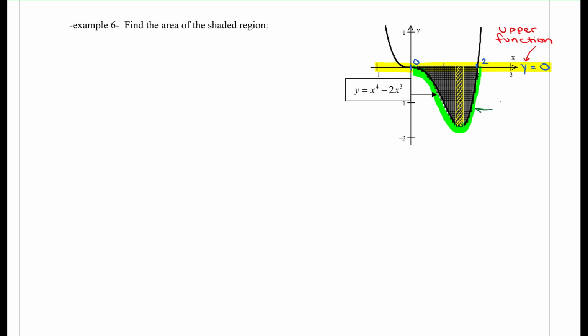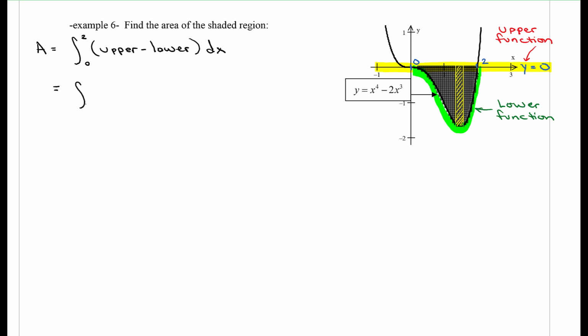The y equal to 0 is going to represent our upper function, and our lower function is going to be y equals x to the 4th minus 2x cubed. Now that we have those labeled, I'm going to set this up as A equals the integral from 0 to 2 of open parentheses upper minus lower close parentheses dx.